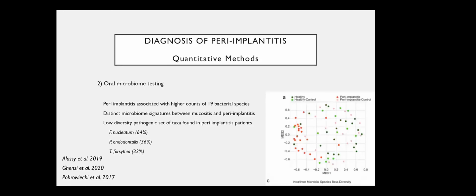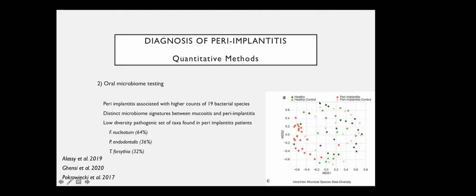Then we've got other ones, which are oral microbiome testing. So the idea of looking at the bacteria: we all know that peri-implantitis originates from pathogenic bacteria surrounding the implant and causing inflammation and infection. So with oral microbiome testing, it's looking at the idea that with peri-implantitis, you have higher counts of 19 bacterial species, and you can see them all here.